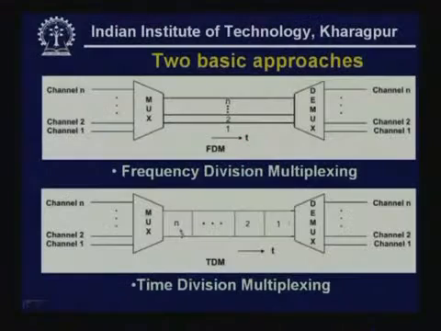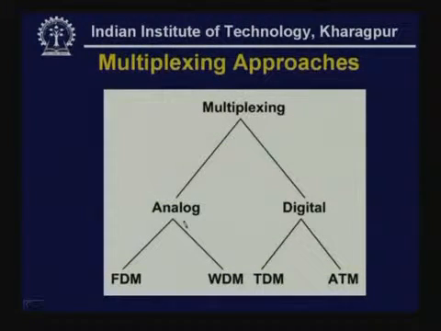For some duration a particular signal is sent, then another signal for another duration, and so on. At the other end the demultiplexer separates out the signals for channel 1, channel 2 and so on. So, these are the basic approaches.